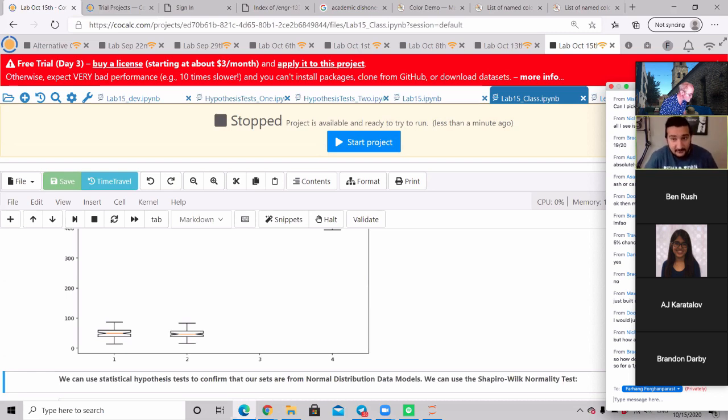But if we are talking about a treatment that can either treat you or kill you, you probably don't want to go with 5% error allowance. You want your significance level to be as low as possible.